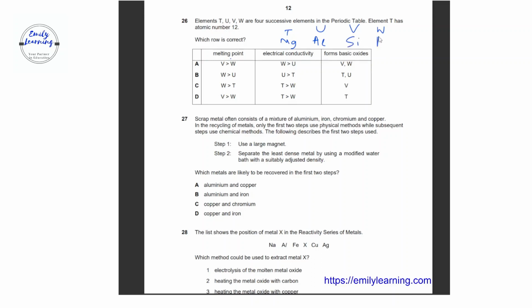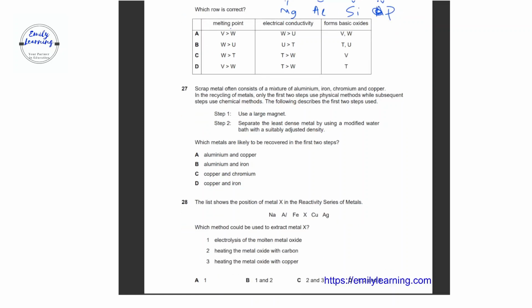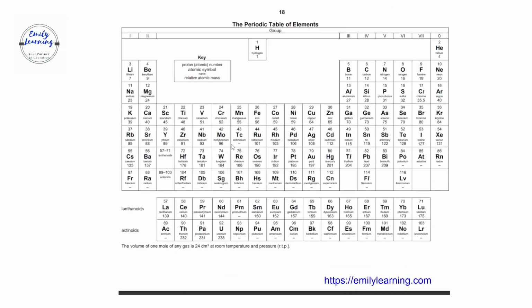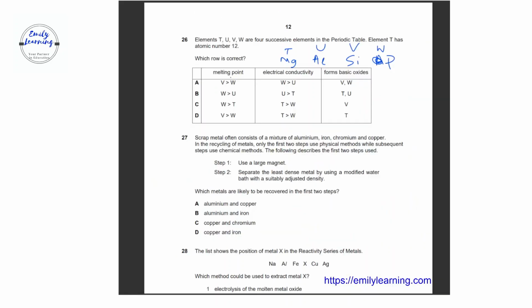Mg, Al, Si and P. Phosphorus. Let's see. So it's Mg followed by Al, Si then P. Okay, so let's go back to page 12. Now melting point of V is higher than that of W. This is definitely correct because silicon is a macromolecule. It has a higher melting point compared to phosphorus, which is a simple molecule.